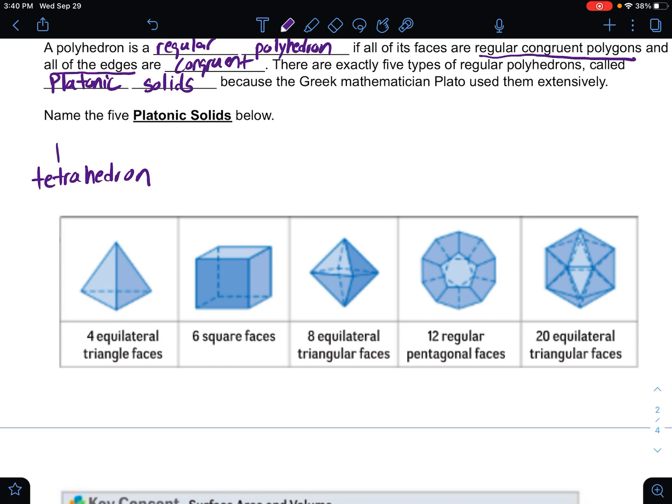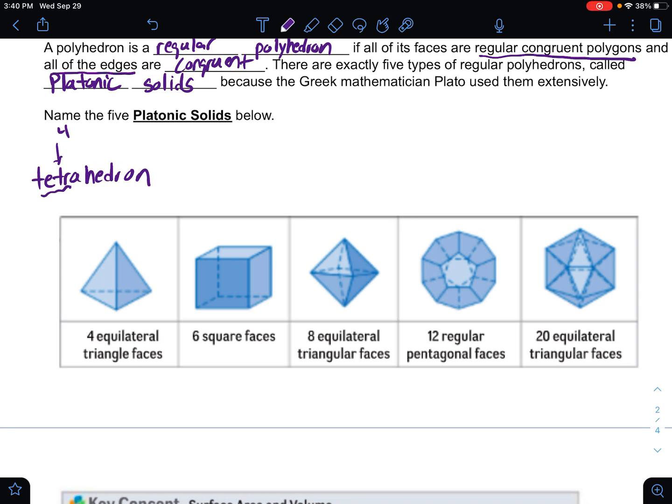Tetra means 4. If you know the game Tetris, you know that each one of those shapes has 4 little squares that make them up. So quad means 4, tetra means 4, with their Latin and Greek prefixes.